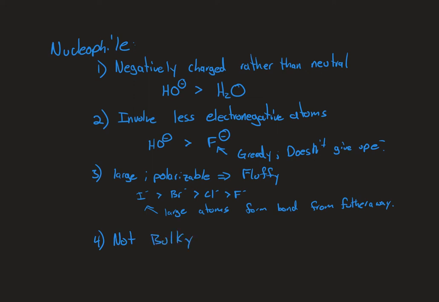And what we mean by that is something like a methoxide, OMe minus, is way, way better than something like an isopropyl alkoxide, which is way, way, way better than tert-butoxide, which I would say is not a nucleophile at all. It's just a base.